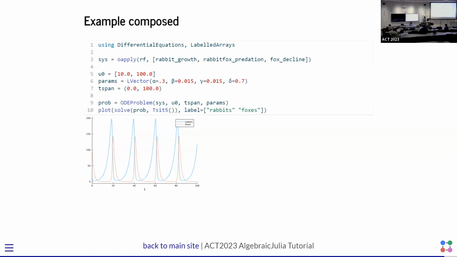So OApply is supposed to stand for something like operadic apply, like it's invoking the algebra of this operad. And that gives us a new dynamical system which we can simulate, and already, even though this is a relatively small dynamical system, we can see some interesting qualitative behavior.